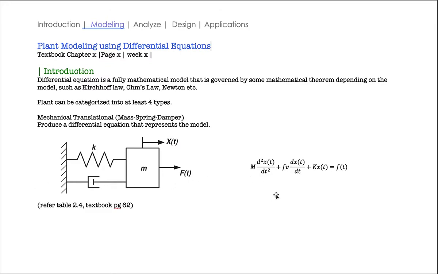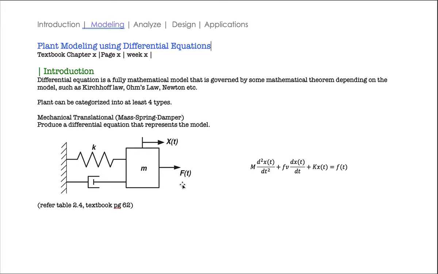You can obtain these equations where m is a mass, k is a spring, this is a viscosity damper, and x(t) is the displacement after we apply the force to the mass.